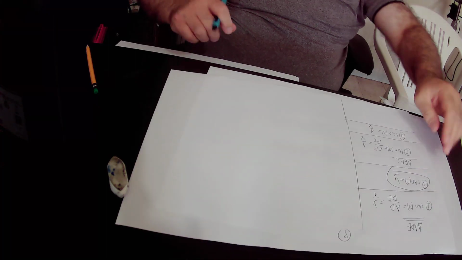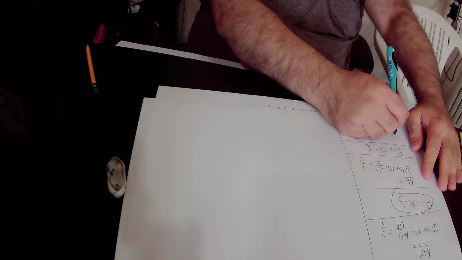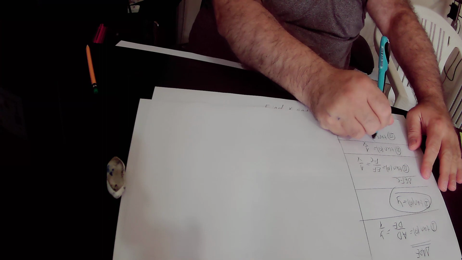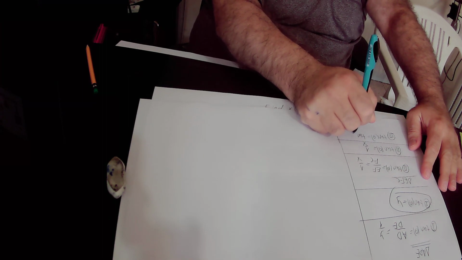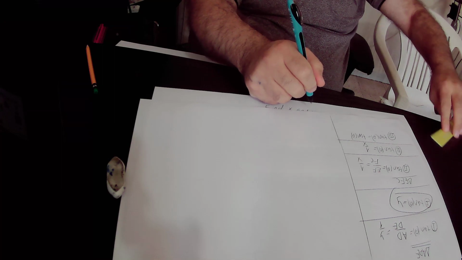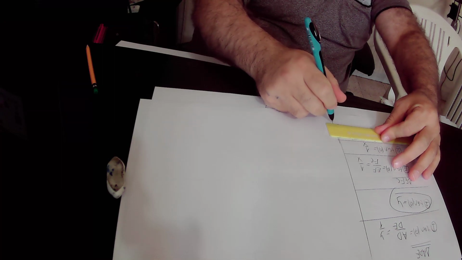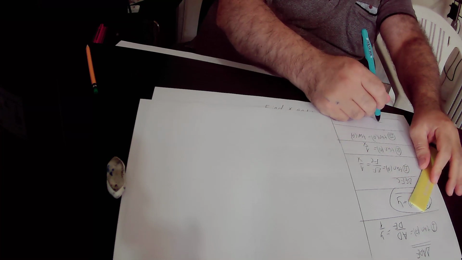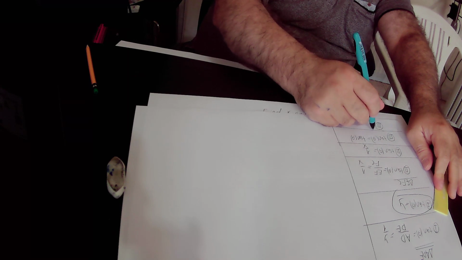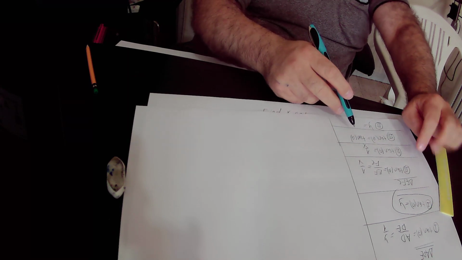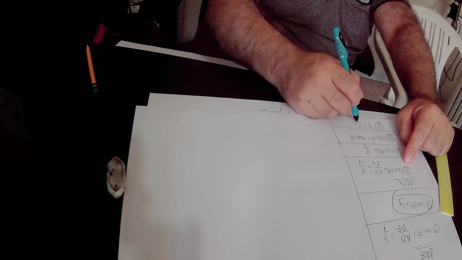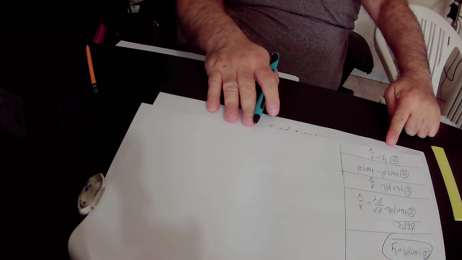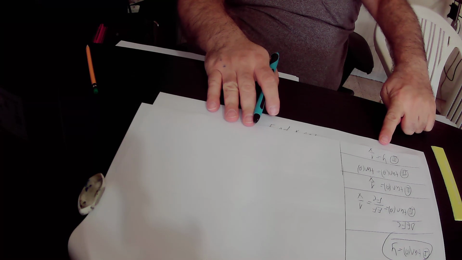So tangent theta according to equation number 1 equals Y, and it must be equal to tangent theta according to equation number 2, which equals 1 over X.